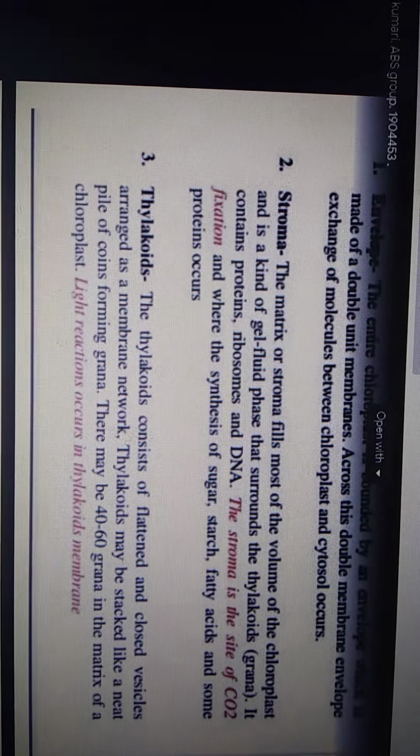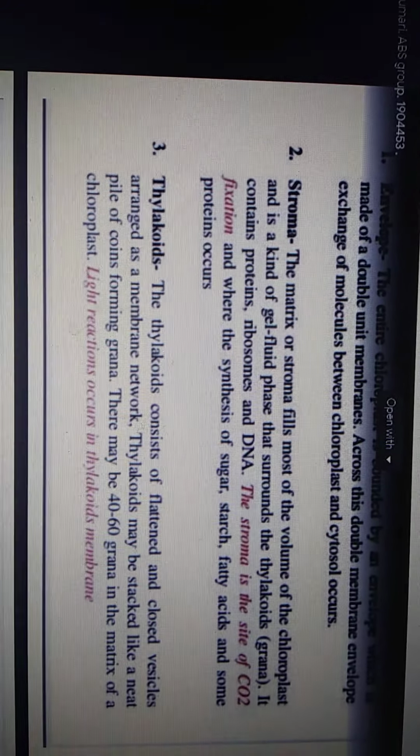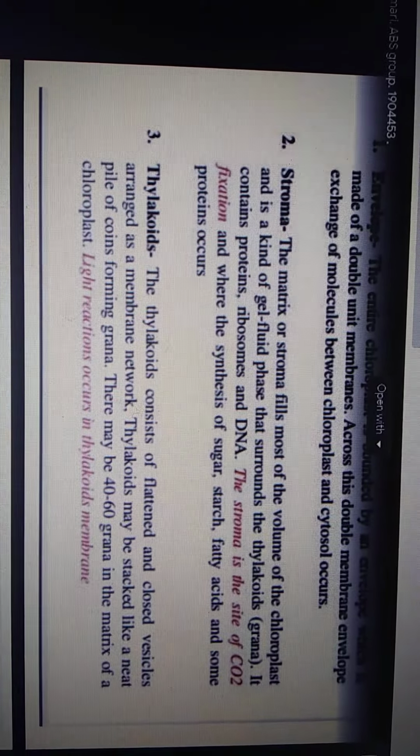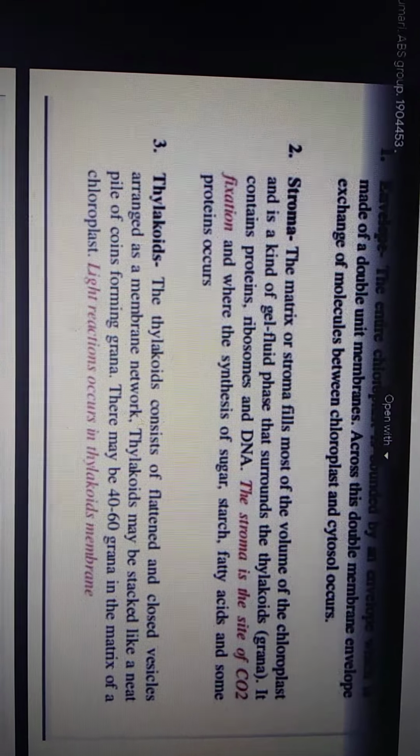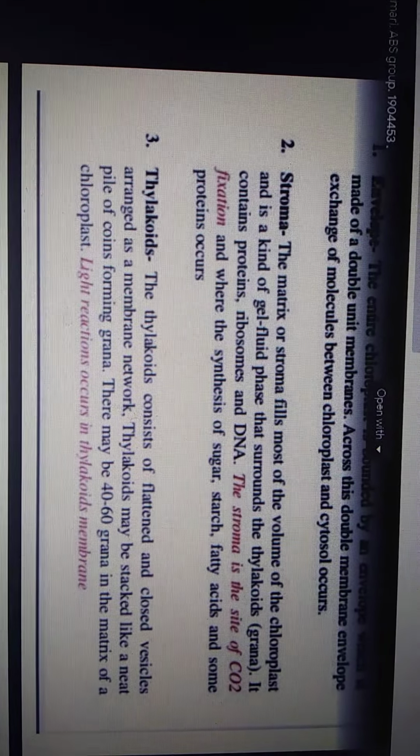Thylakoid membranes are flattened sac-like lamellae, flattened discs arranged one above the other to form grana.